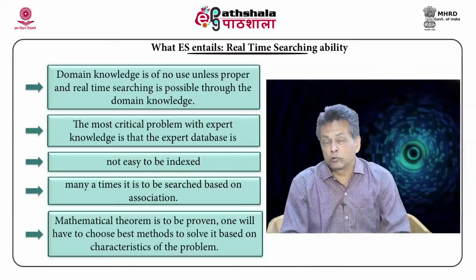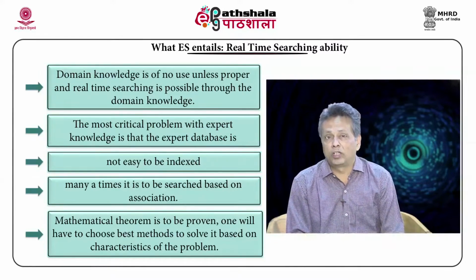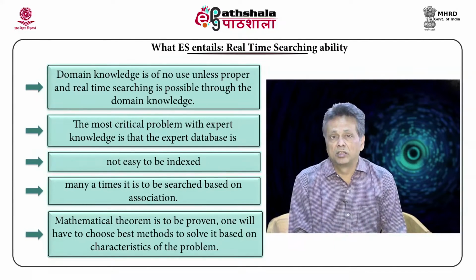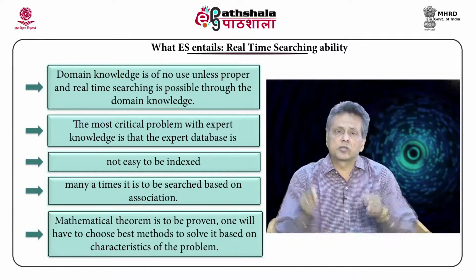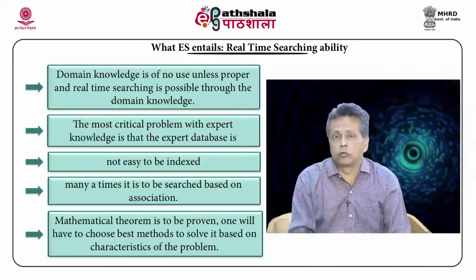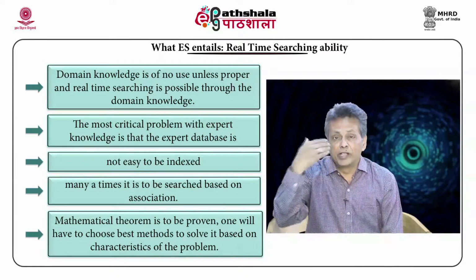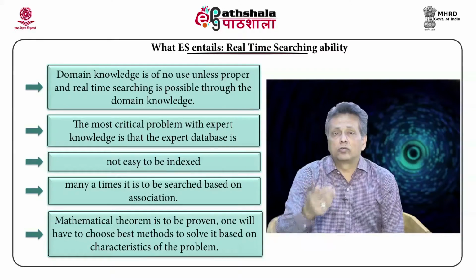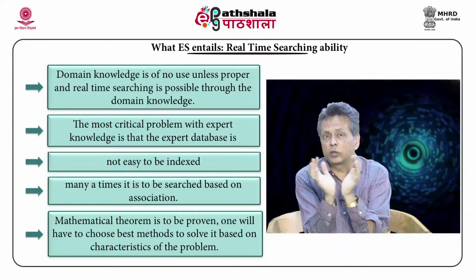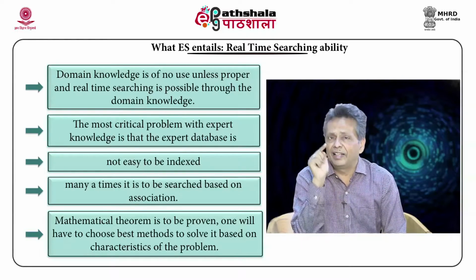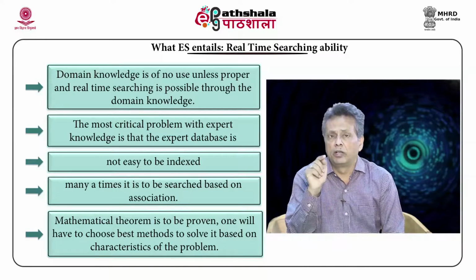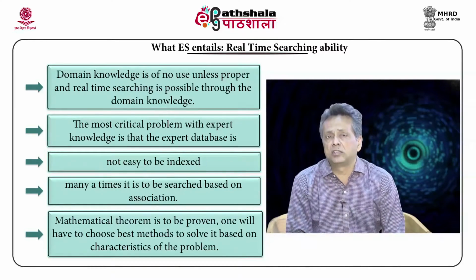For example, doctors know what to ask, when to ask, which kind of queries to ask. They won't test for all diseases, they look for the most possible ones, and based on the context of the patient and so on, they confine their queries to a few questions and can very quickly determine what the disease is.